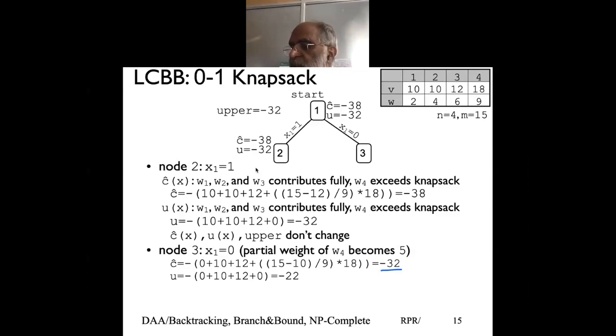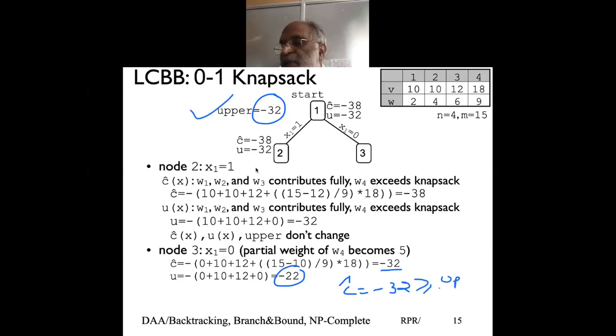Ux becomes minus 22, but look, this u is not less than this upper. So we maintain the upper, and this C hat is minus 32, which is still greater than the upper, so nothing changes.